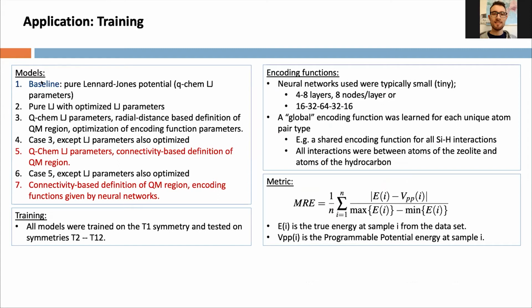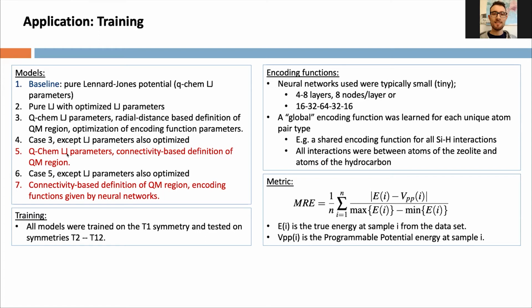For the models we looked at, we have a baseline model that's just pure Lennard-Jones, and then models 2 through 6 are the classical programmable potentials paradigm, where we chose a hand-tuned encoding function. Different optimizations were applied to each of those functions, but they had the same logic. Of particular note, you can go back and read this if you want, but case 5 and case 7 are the most comparable.